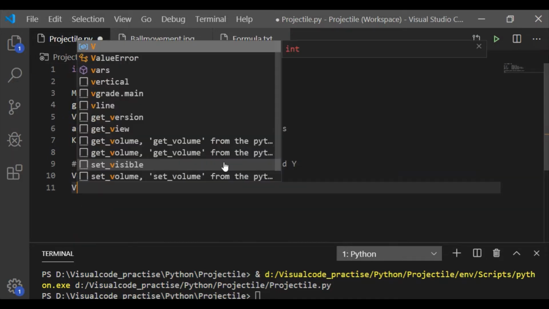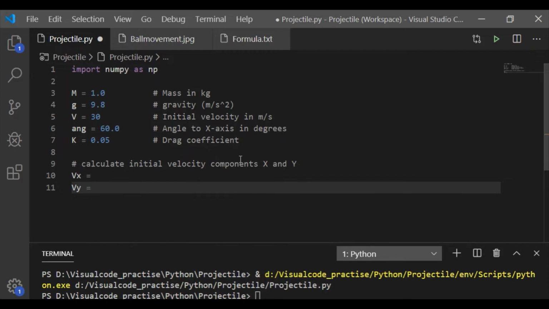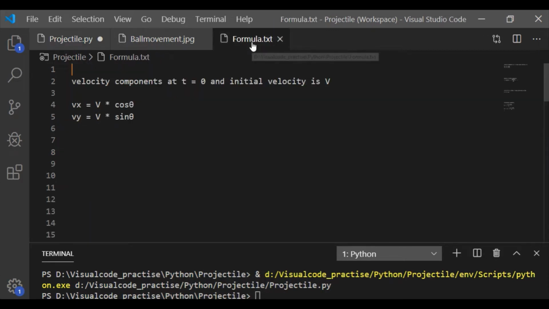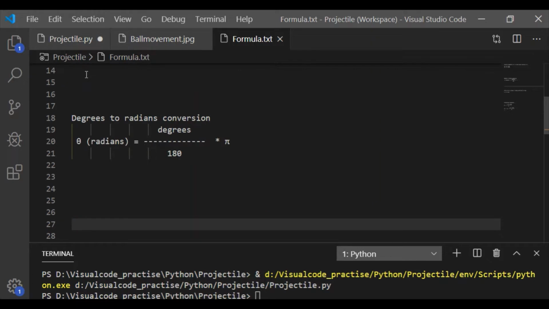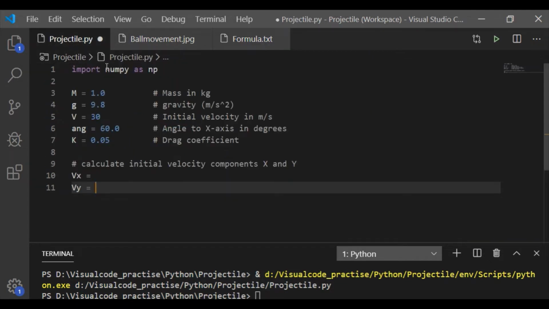The components Vx and Vy depend on the initial velocity V and the angle to the x-axis. Here Vx is equal to V times cos theta and Vy is V times sin theta, with theta being in radians. The formula to convert an angle in degrees to radians is theta in radians equals degrees divided by 180 times pi.